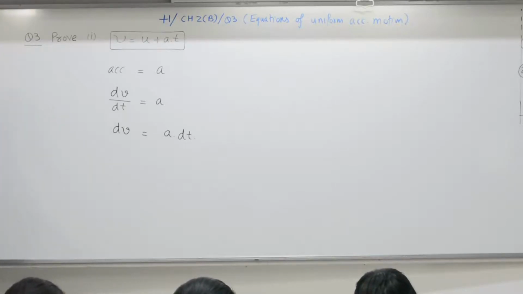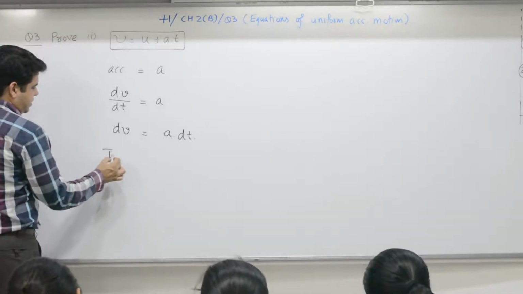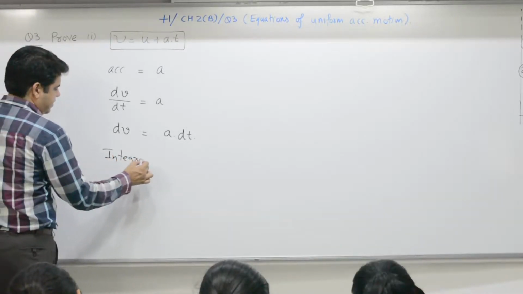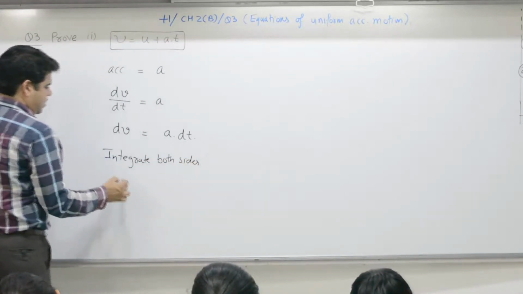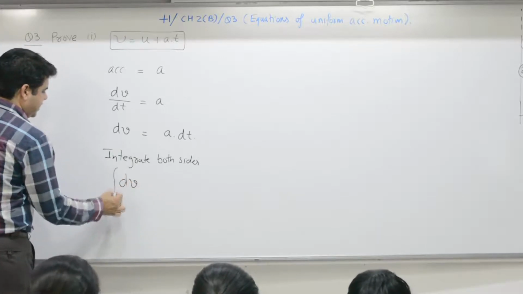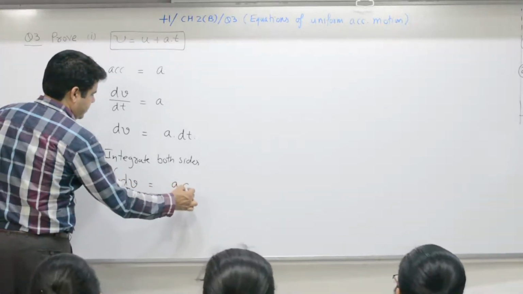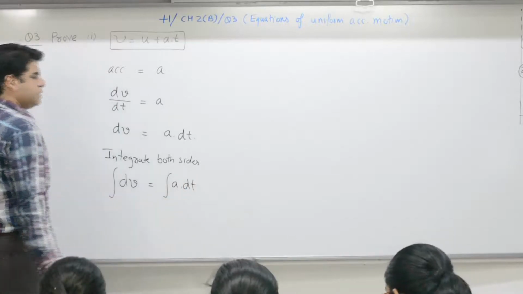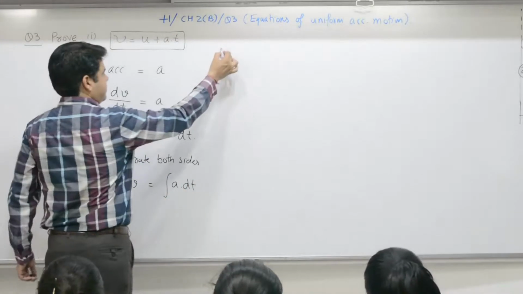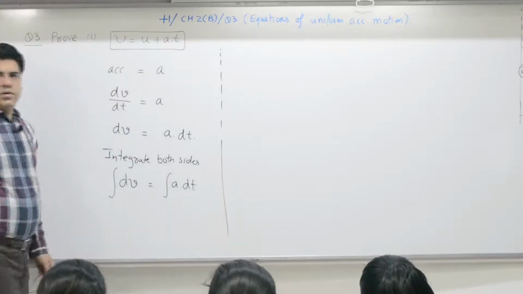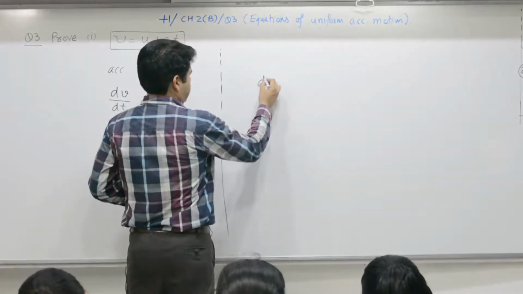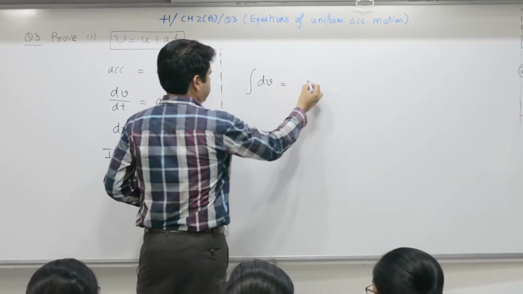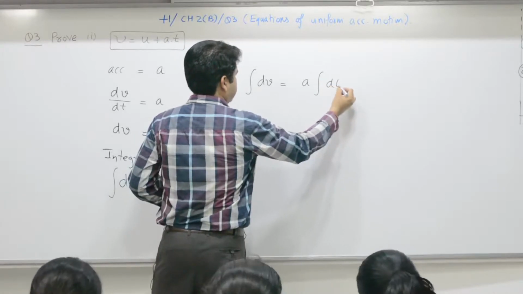dv is equal to a dt. Next step is what? Integrate both sides. When you say integrate both sides, it is integration of dv equals integration of a dt. Next step, yes, integral of dv is equal to a, a is a constant, integral of dt.